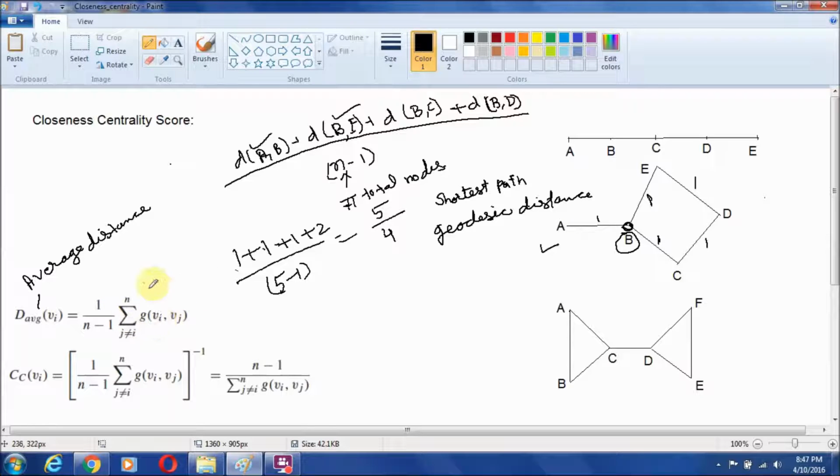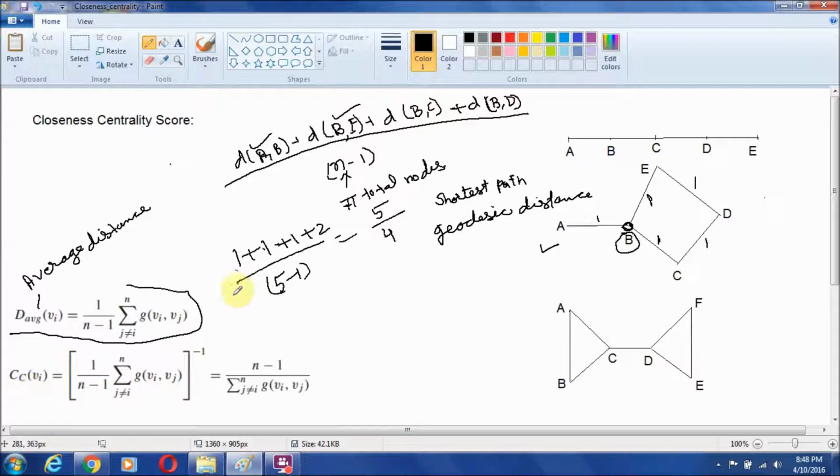Now we can demonstrate this equation here. J not equal to I means we are not considering the distance from B to B itself, and summation till n means we are going to consider all other nodes in the same graph.